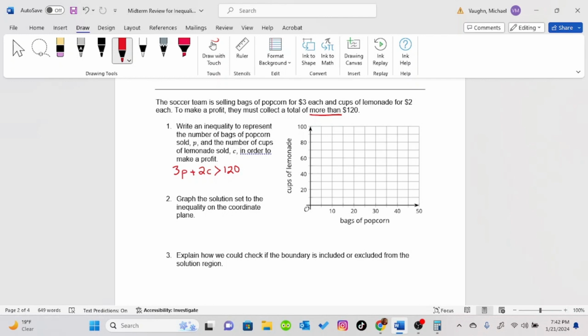Part 2. Graph the solution set to the inequality on the coordinate plane. So what we're going to do is look for our x and y intercepts. So first, I'm going to say, what if we sold no popcorn? Three times 0 is 0.